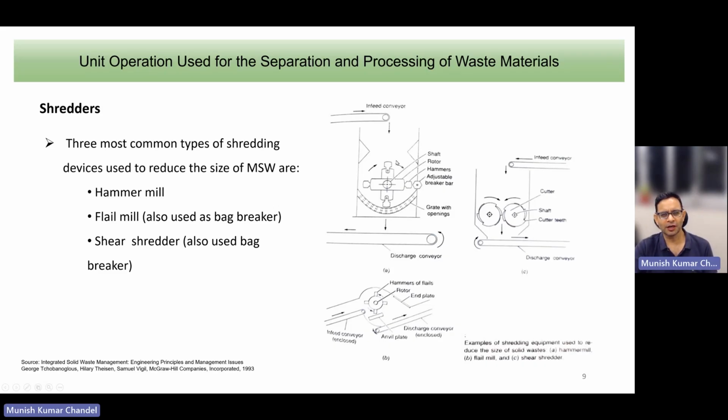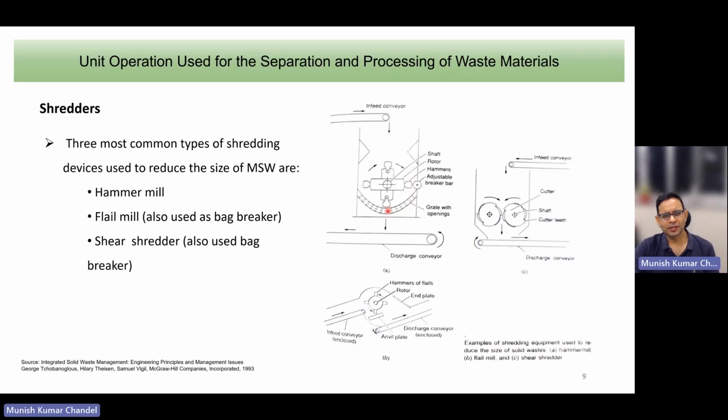So, you can see there are hammers used. You can see these hammers. They are on a rotating shaft, and there is an adjustable break bar. So what basically happens is this shaft rotates, and these hammers hit the waste, and what size waste you want will depend upon the break bar adjustment.